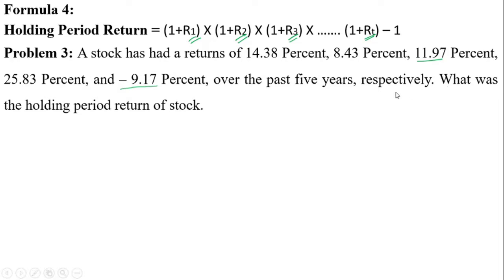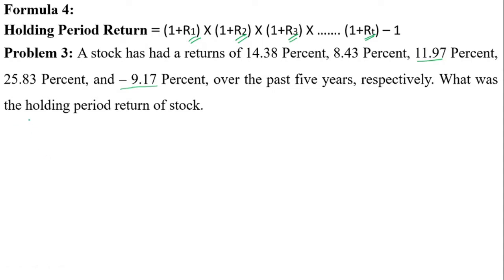And then what was the holding period return of the stock, which we need to calculate? When we look into the returns for that particular stock, for the first 4 years the returns are positive, and at the end of the last year the return is minus 9.17%. So now we have to frame the holding period return formula based upon the given information.